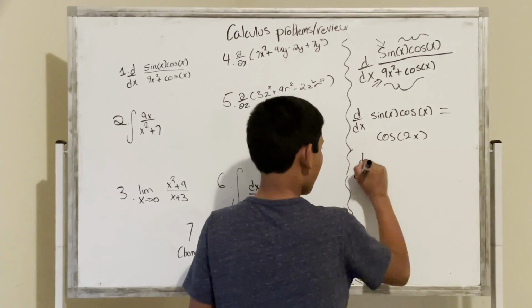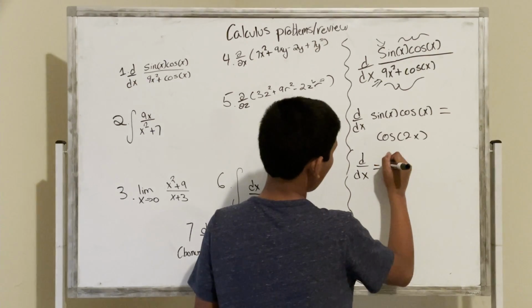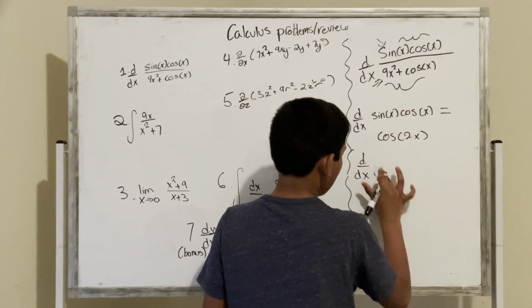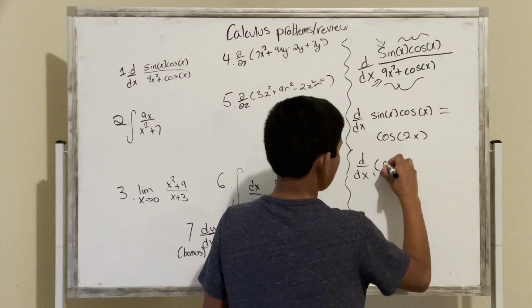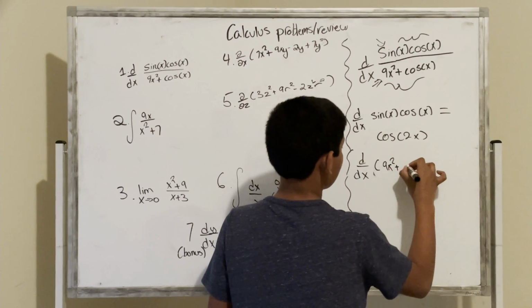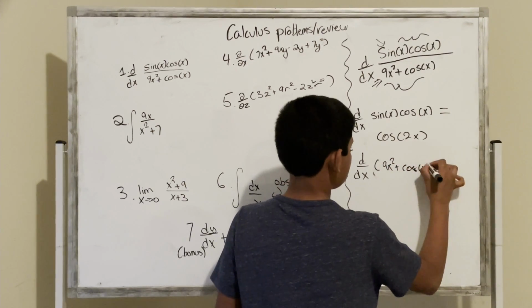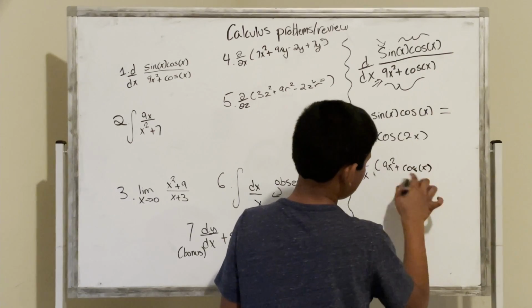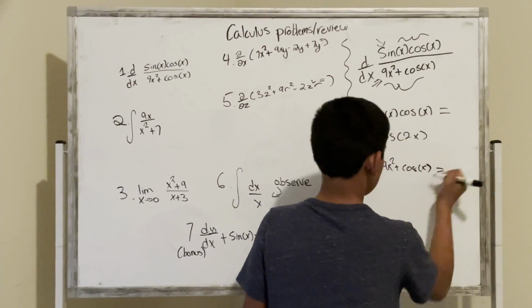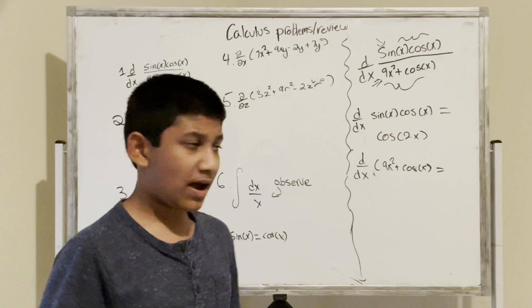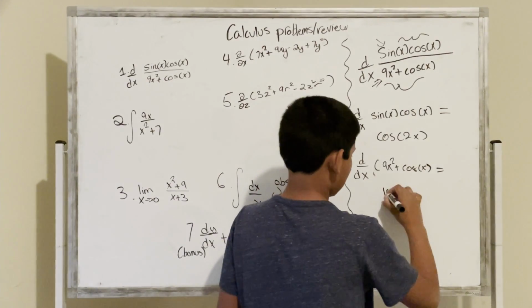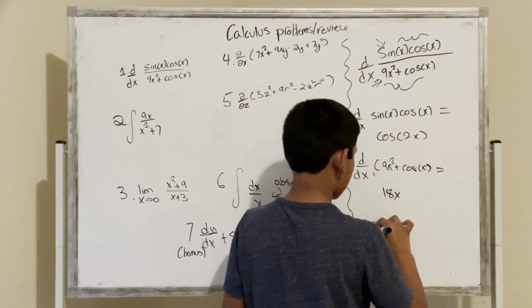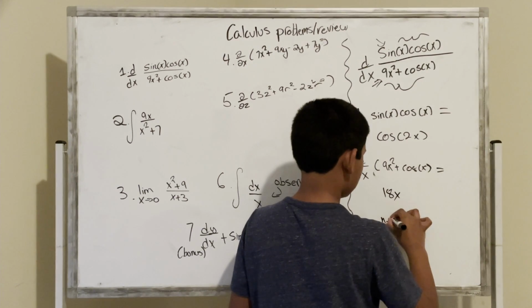So now that we have done this, we have to calculate the derivative of the bottom side. The derivative of the bottom side is easy because it's just the sum rule. If we calculate the derivative of 9x squared plus cosine of x, the sum rule says we calculate each term and then combine. So 9x squared would be 18x, because of the formula n a x to the n minus 1.